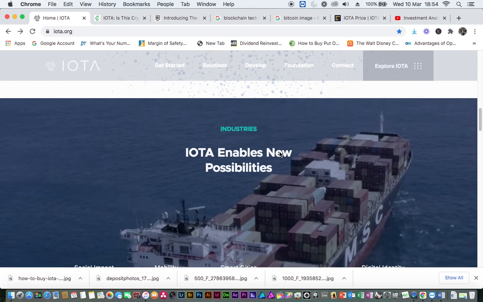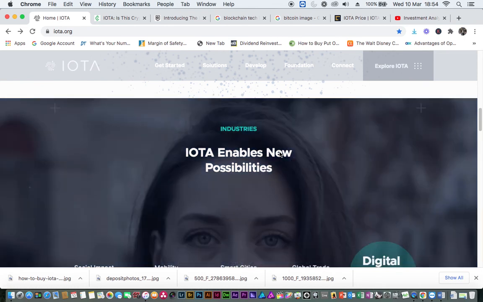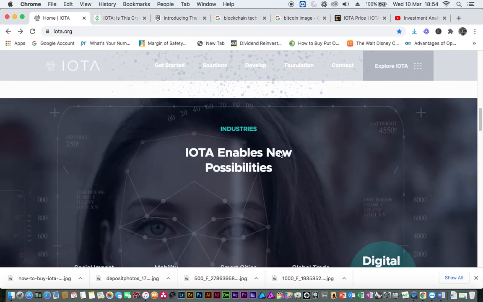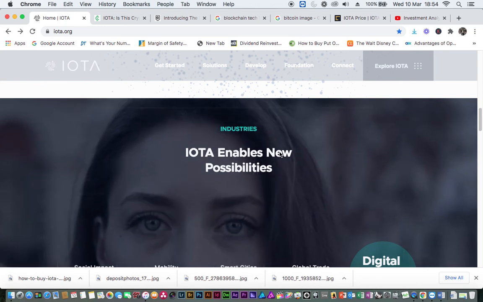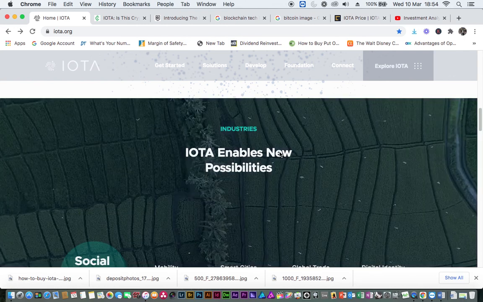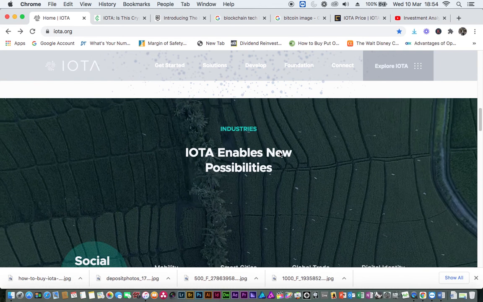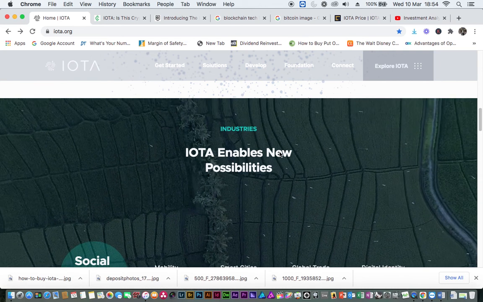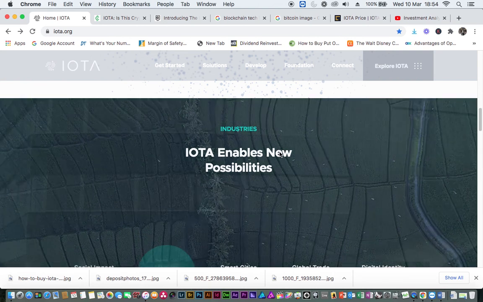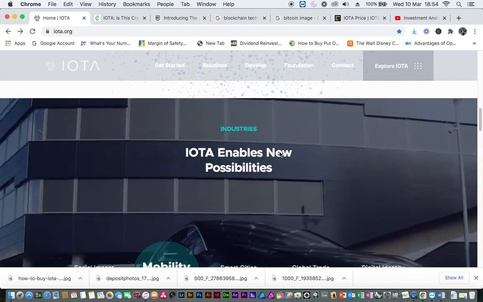And just to remind you, it is also hoped that IOTA will be able to process more than just financial transactions in what the team calls the quote unquote machine to machine economy. One example of this is the electric vehicle charging industry.